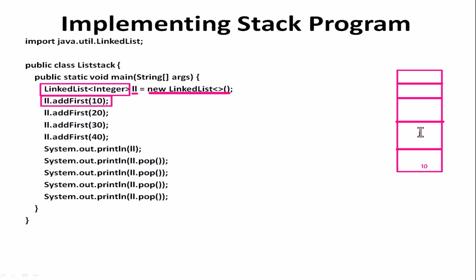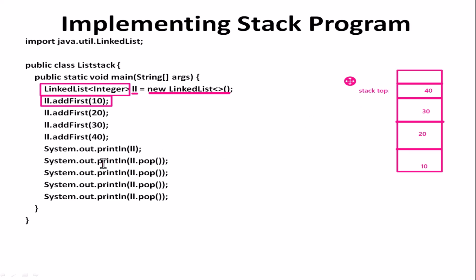Next you are going to insert 20, next you are going to insert 30, and next you are going to insert the value 40. It means 40 will be at the top of the stack. Here you can call it the stack top.